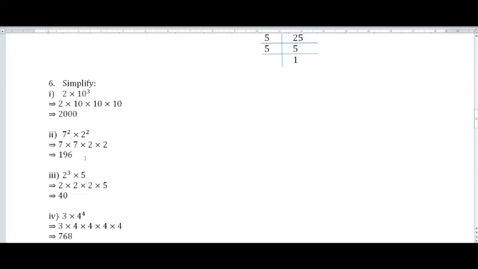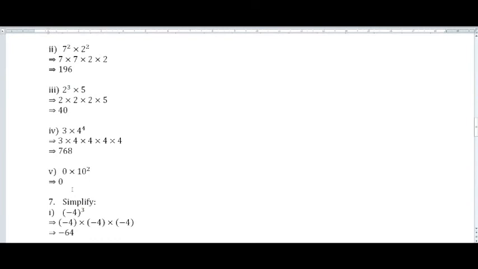Firstly, we have to expand the numbers which are occurring in exponential form, then after expanding we have to multiply and find the real value. Here, 2 to the power 3 into 5 means 2 into 2 into 2, that is 8, and 8 fives are 40.